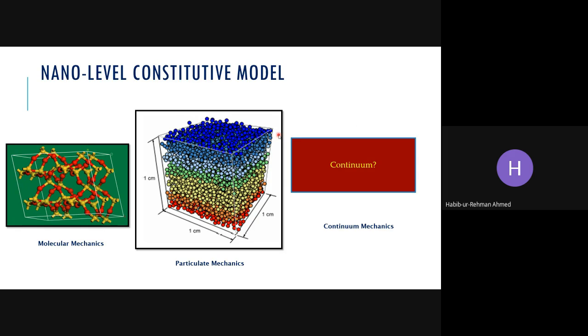Now, in case of soils, we generally have two different types of particles. One is granular particles, in which the interaction is mostly physical in nature, and we also have a component of soil we call plastic material, where the interaction is not only physical but also chemical in nature. If we have granular material, maybe we can better classify it using particulate mechanics principles rather than continuum principles.